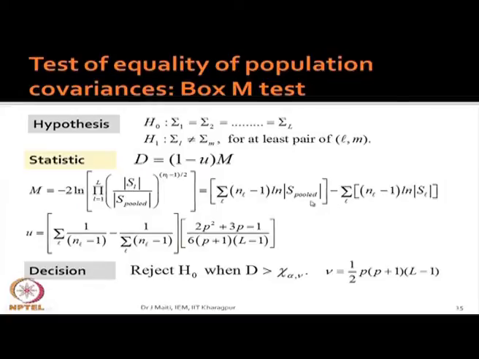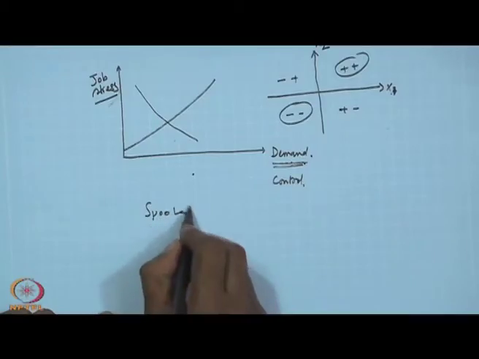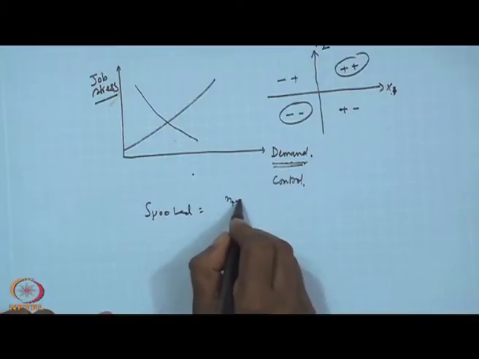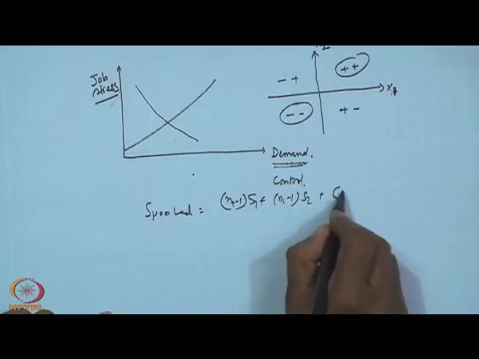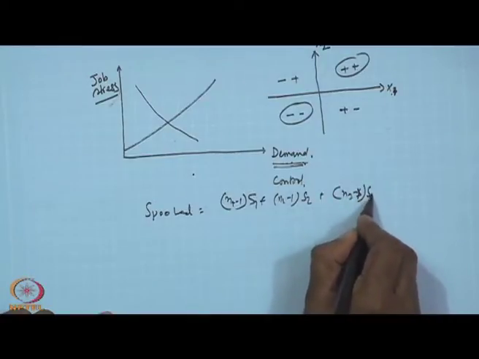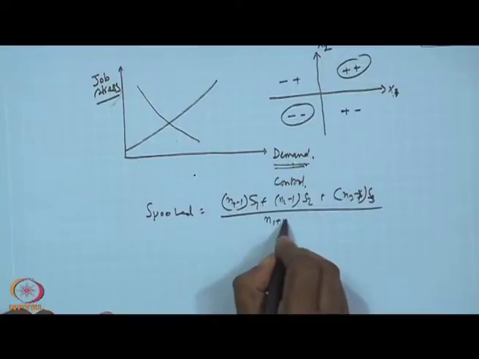You also require to compute S pooled and take the determinant of that S pooled, and there is one quantity U which is given by this measure. What is S pooled? S pooled will be N1 minus 1 times S1 plus N2 minus 1 times S2 plus N3 minus 1 times S3, divided by N1 plus N2 plus N3 minus 3.